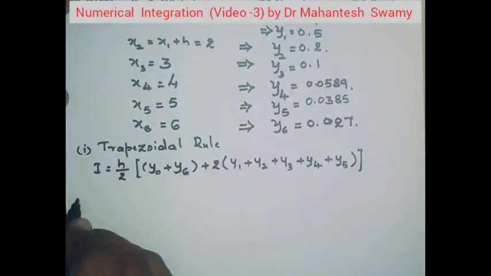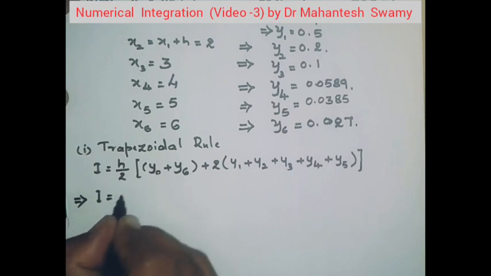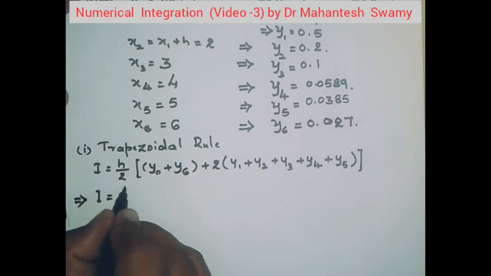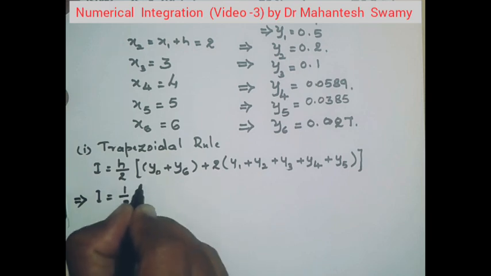So now our duty is to substitute the values of h, y0, y1 and so on. The value of h is 1 by 2 into the bracket.